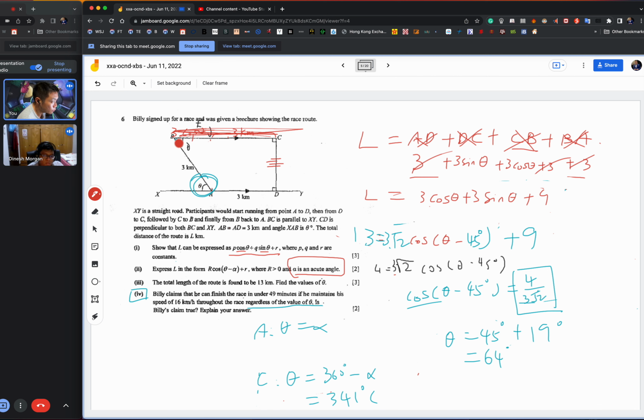Then this point will come to, if it's 0, so basically it's A to D, then it comes to this, and then it continues, so that means this whole thing will be like this.